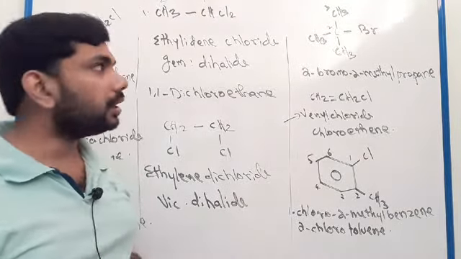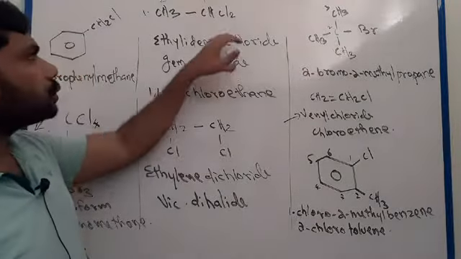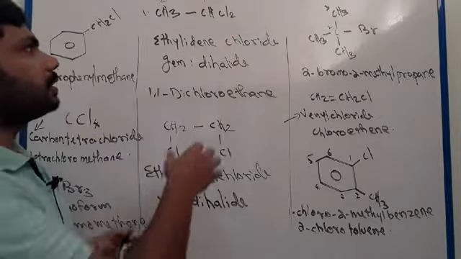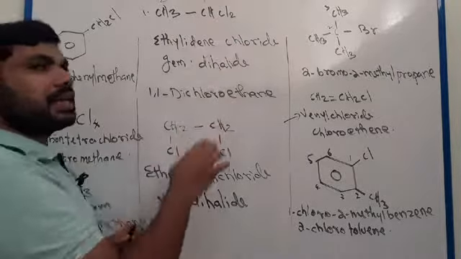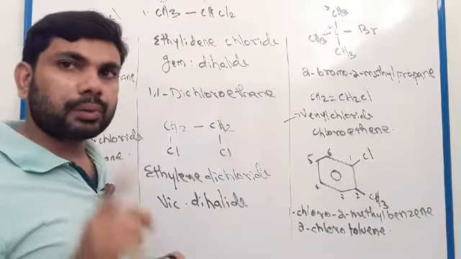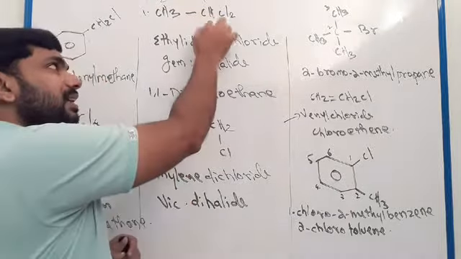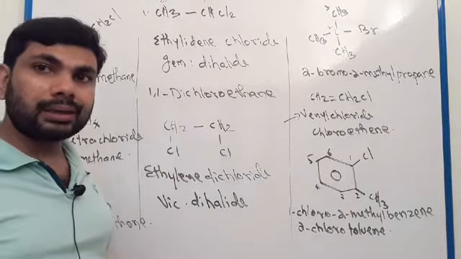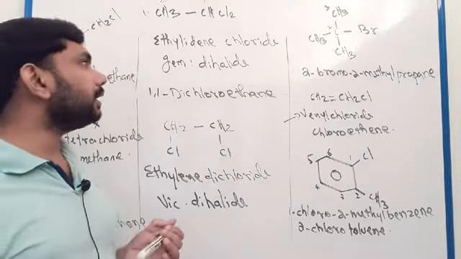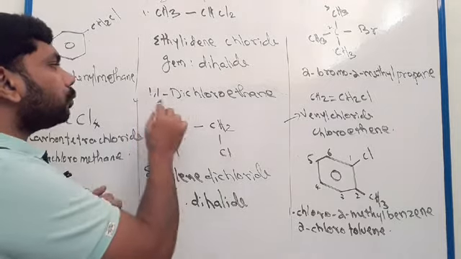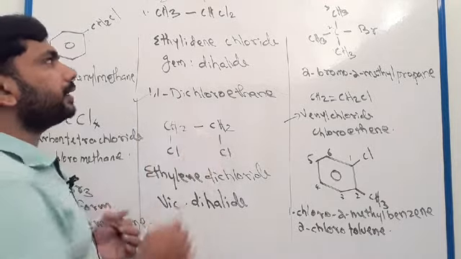CH3CHCl2. Clear? Now see how to name this. This is the first carbon, so you can say 1,1. Two chlorines on the first carbon, so 1,1-dichloroethane. This is the IUPAC name: 1,1-dichloroethane.